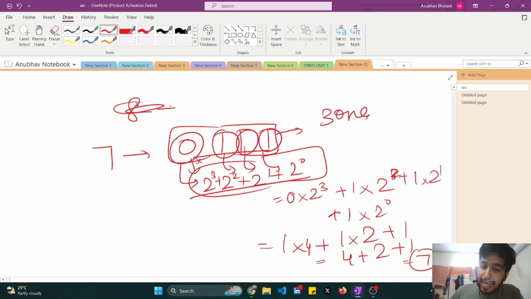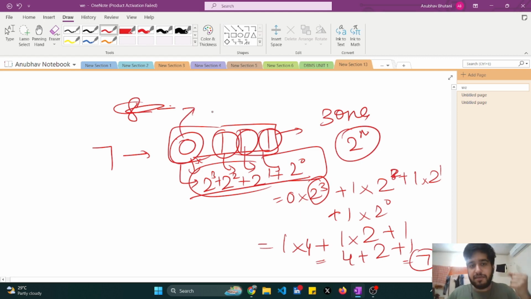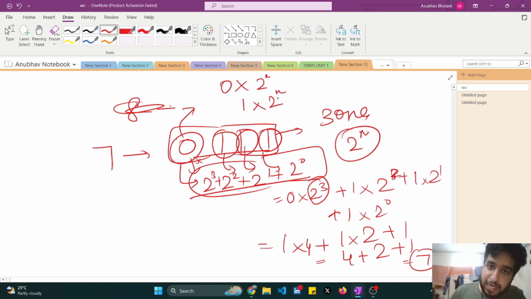So I am multiplying the 2 raised to power with the current digit value. If it is 0, I'll multiply it with 0, and if it is 1, I'll multiply it with 1, and add all of them.